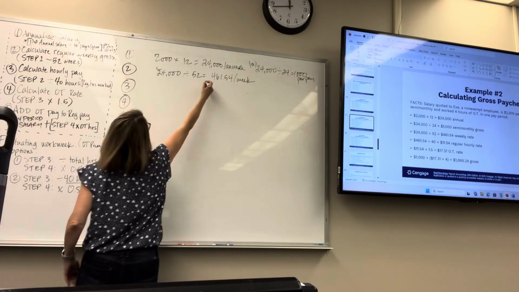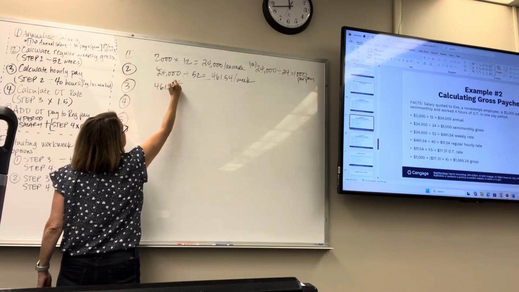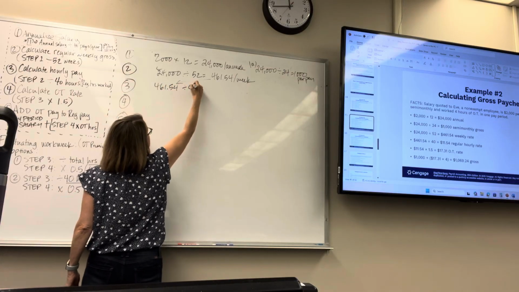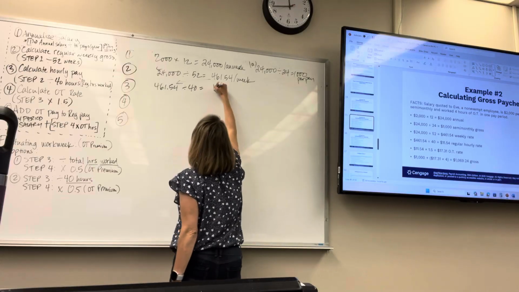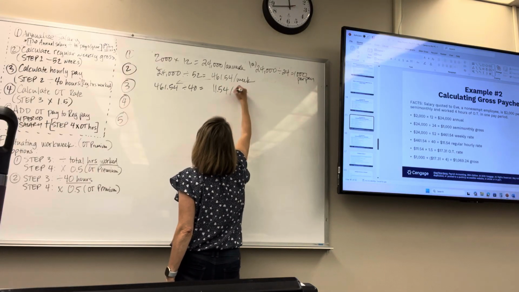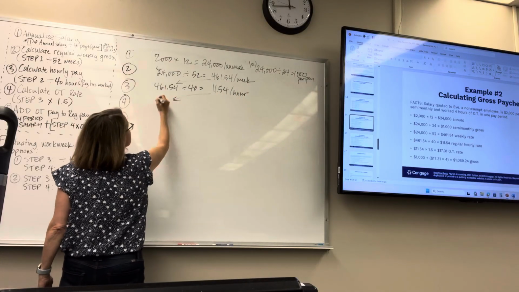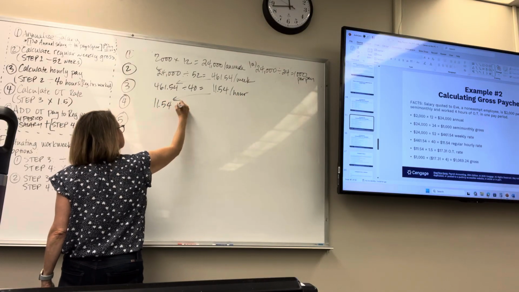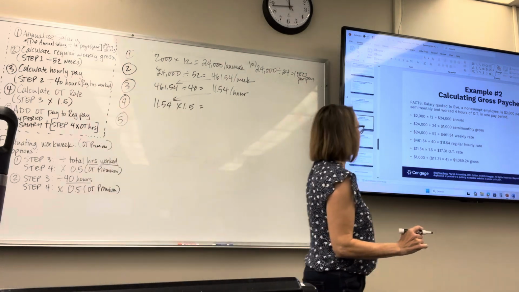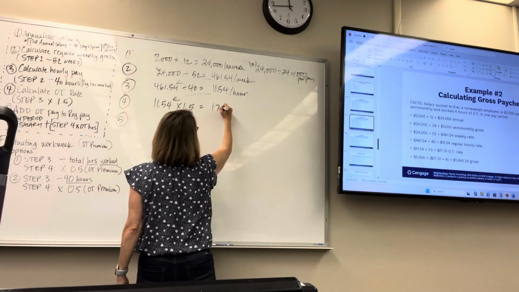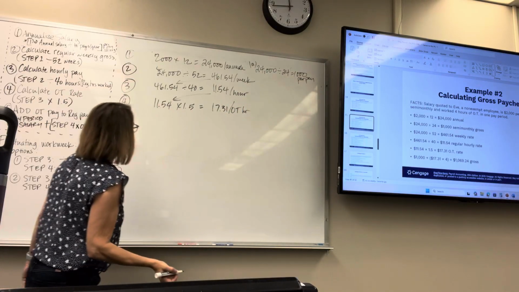Now we're going to convert that to an hourly basis, to get $11.54 per hour. Again, we're going to take that $11.54 times 1.5 to get an overtime rate of $17.31 overtime per hour.